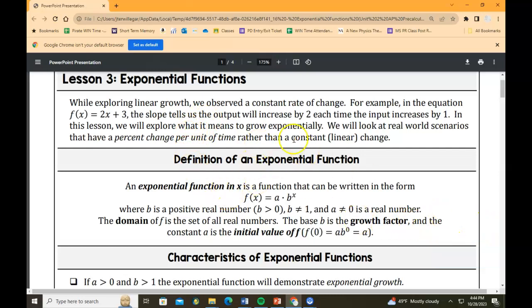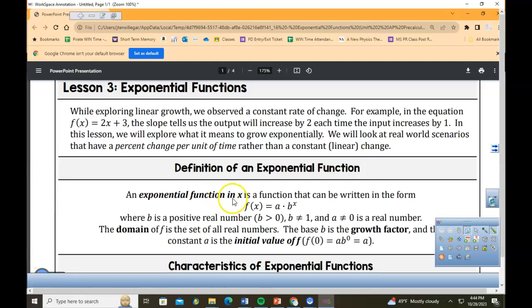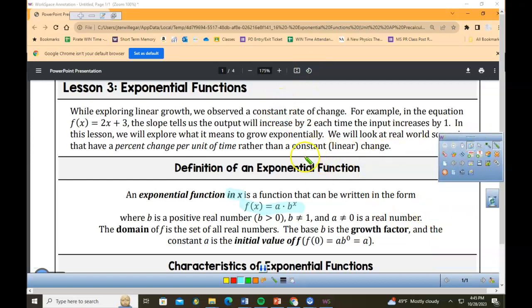Well, an exponential function is any function in x that can be written as f of x equals a times b to the x power. You notice our x is the exponent. Okay? So now b has to be a positive real number and greater than 0, because when it becomes negative, some funky stuff happens, which we'll talk about in a little bit.